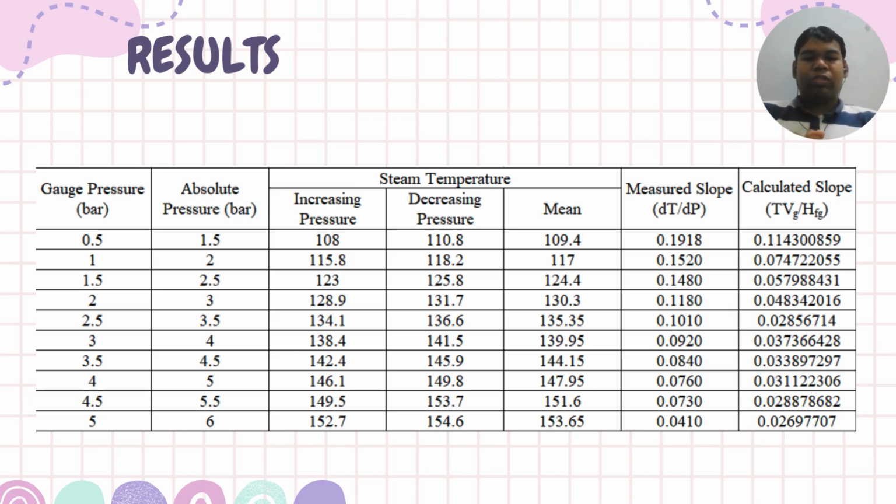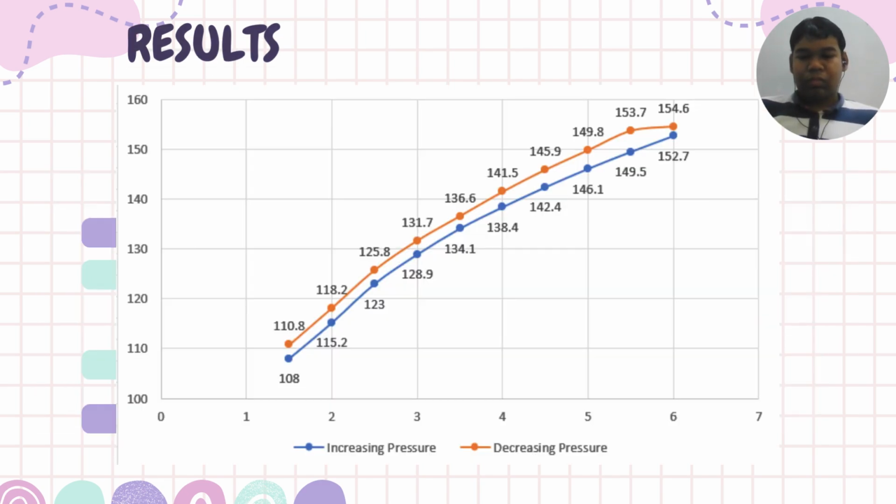We can also observe that our calculated slope from the experiment also decreases, although the values are lower than what we get from the experiment. As you can see in the graph, the slope gradually smooths over as we reach higher pressures and temperatures.